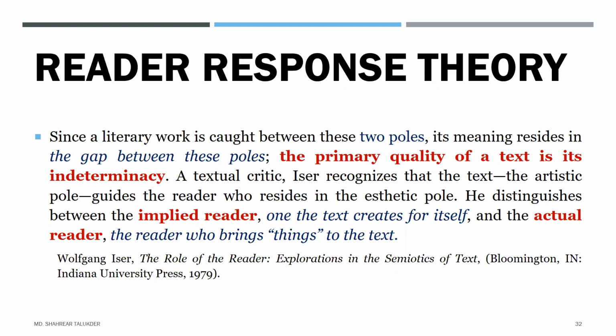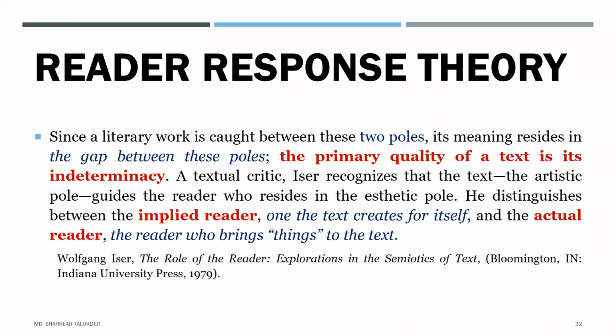So the primary quality of the text is its indeterminacy. So the meaning is never fixed. It's very flexible, so it keeps changing. I'm an individual, you're an individual, Jannat is an individual, or Nahida is an individual. You have your own way of understanding a text, and I have my own way of understanding a text.